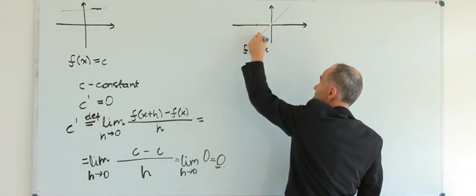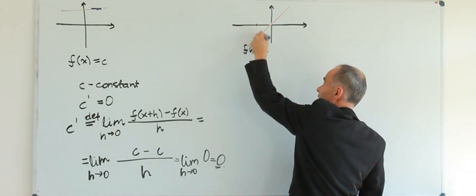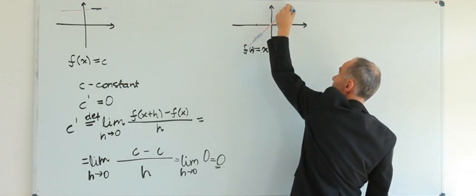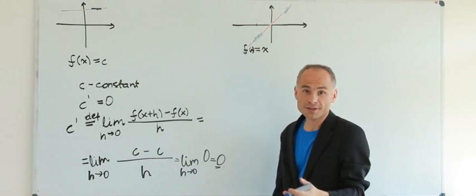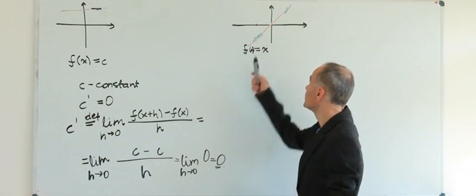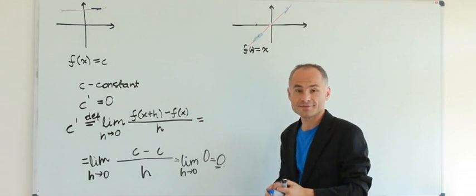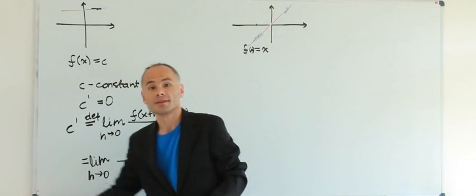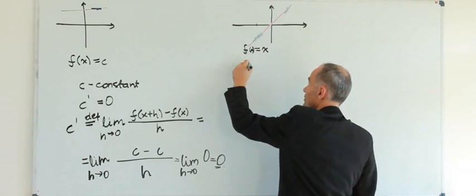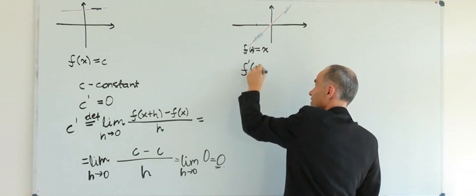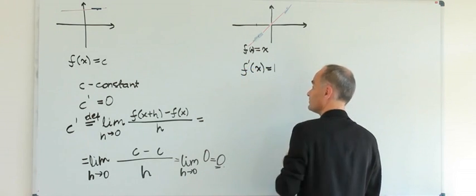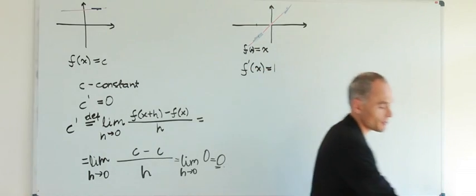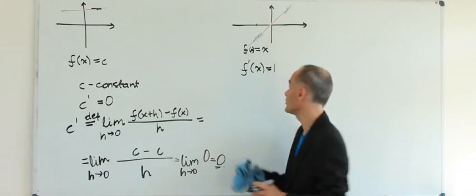The slope of the tangent line is 1 at, say, the number -2, and at 7 it will also be 1. So everywhere, the slope of the tangent line to the graph of f of x equals x is 1. So we expect then that the derivative f prime of x will be equal to 1. And in fact, that's the case, supported by our geometric interpretation of the derivative.